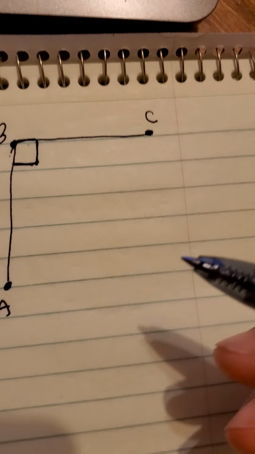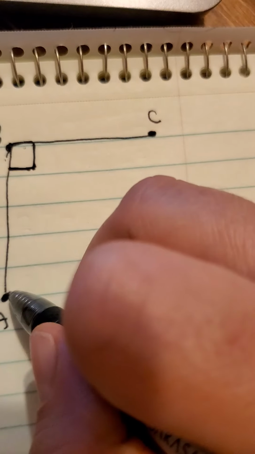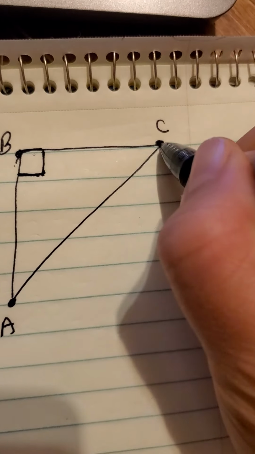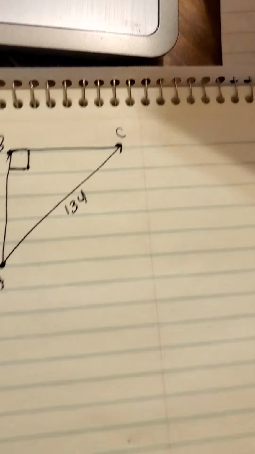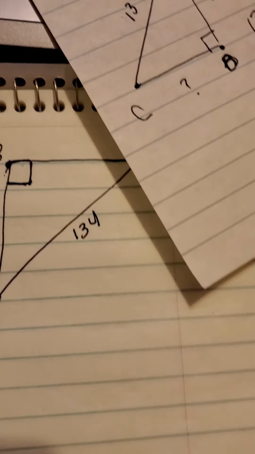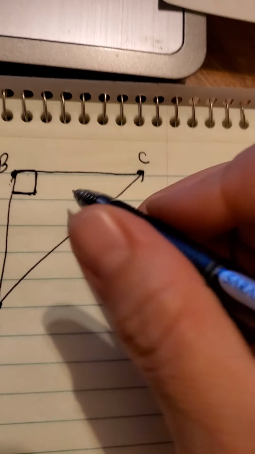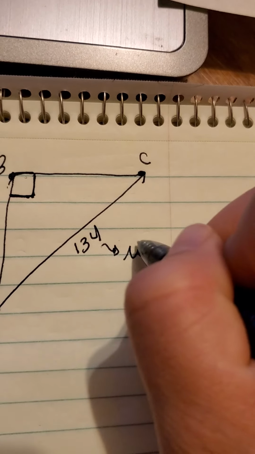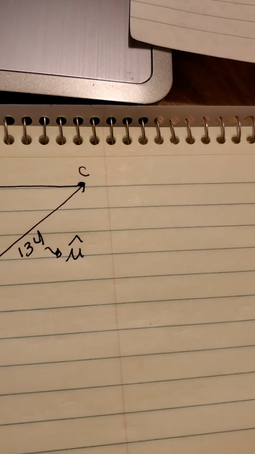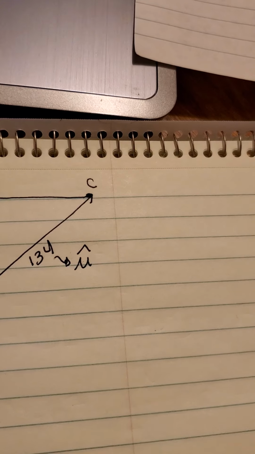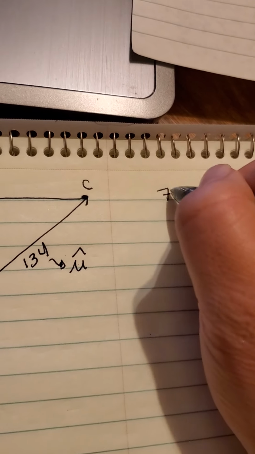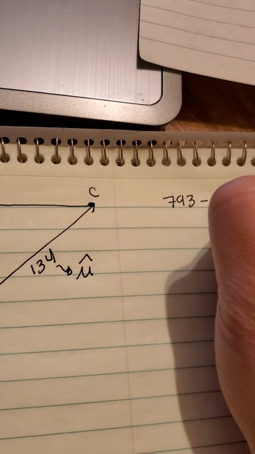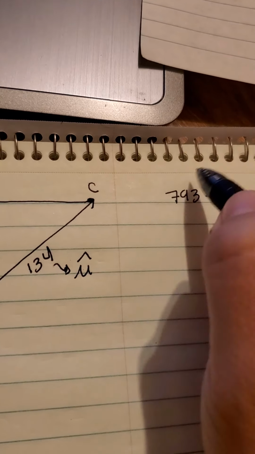The next piece of information given is the magnitude of the vector from A to C, which is 134. Let's call this vector U, and we are going to resort to the formulas in the book, pages 793 to 811, something like that.